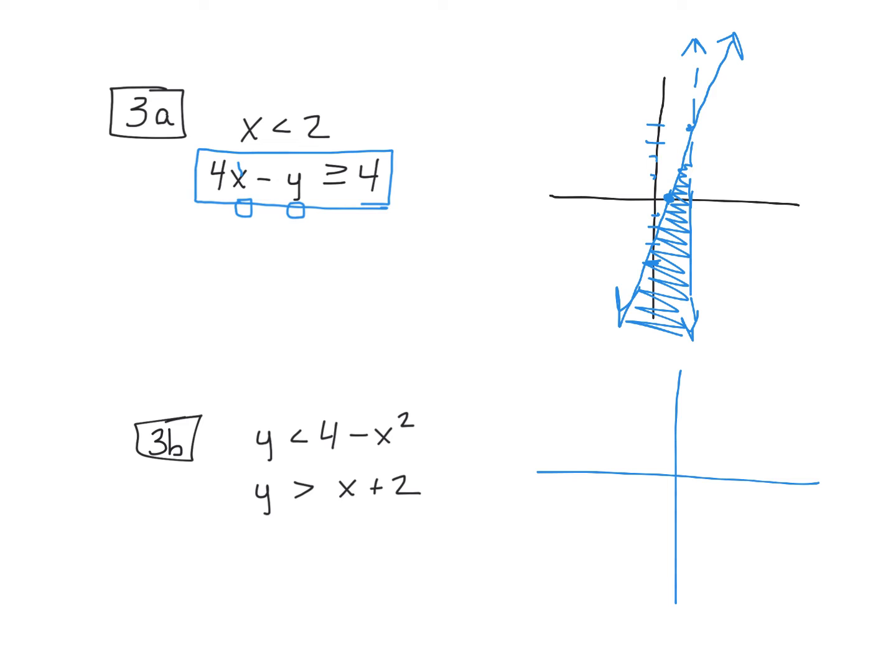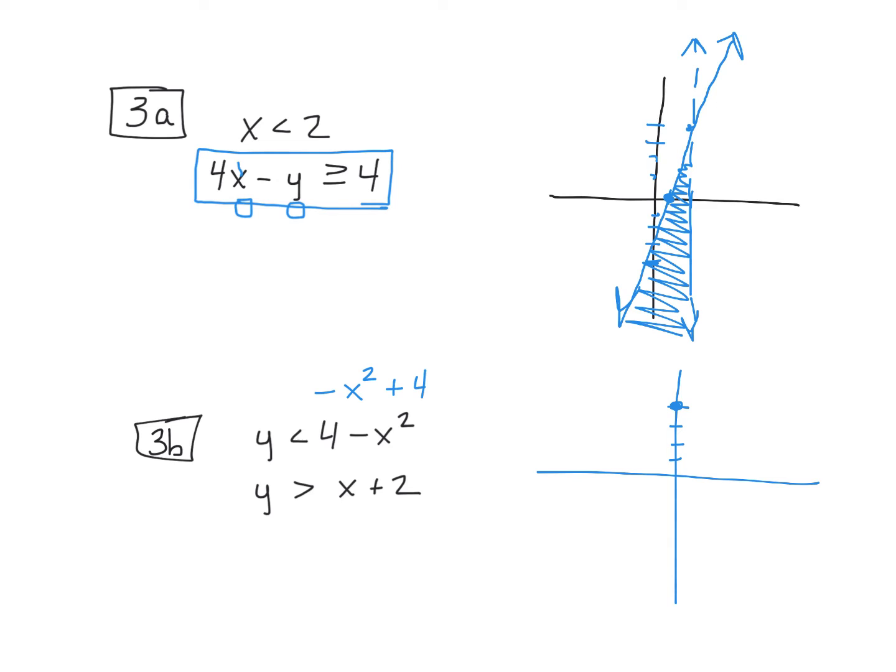For 3b, the first one, I see it's a parabola. I also see that I could write it as negative x squared plus 4, just changing the order. So 4 is the y-intercept, that's the c value.